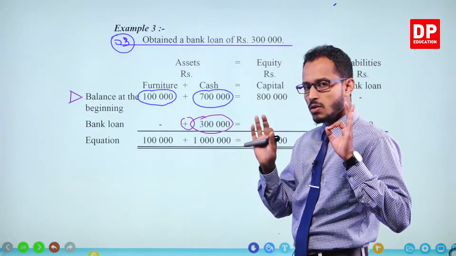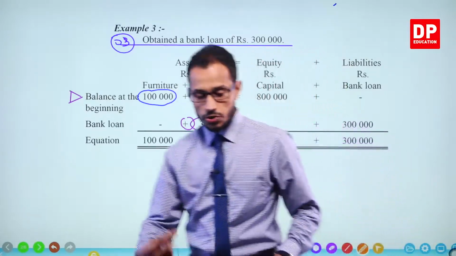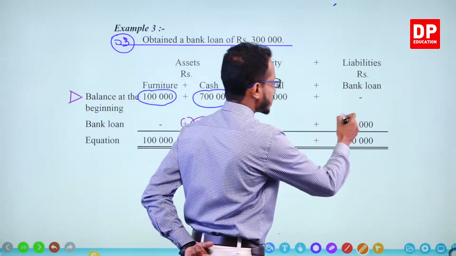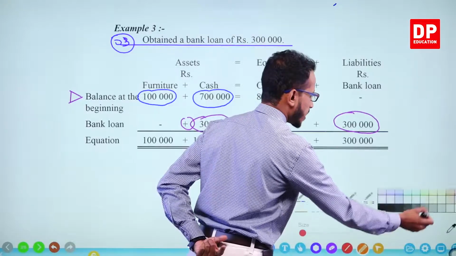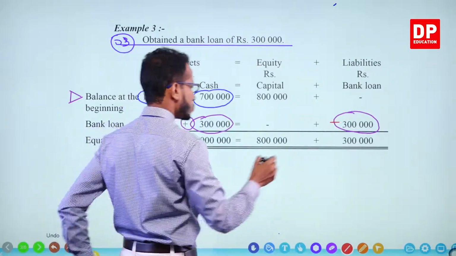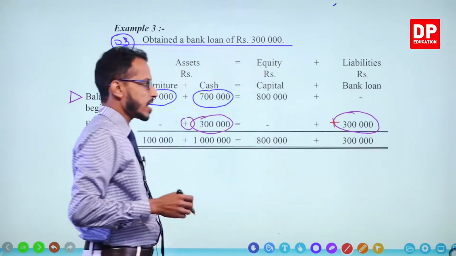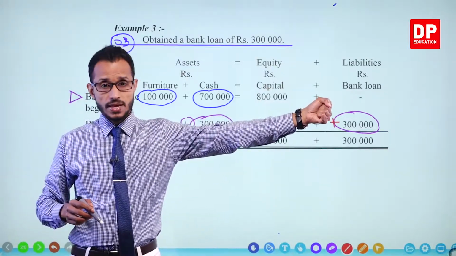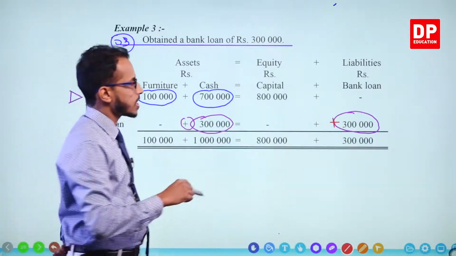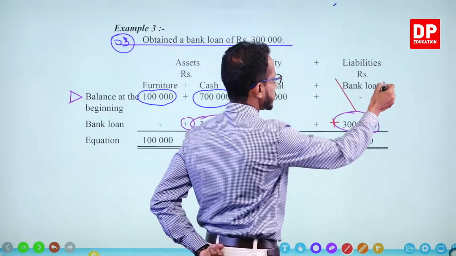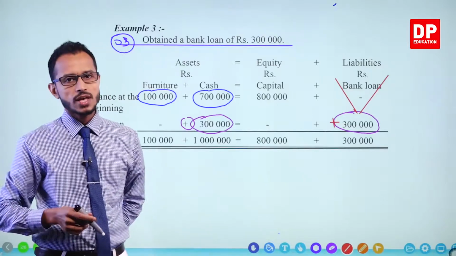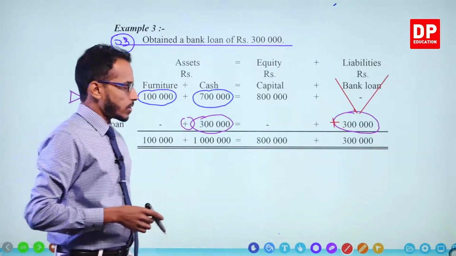But what you should notice here is this. Not only assets increase by 300,000, as well as assets, liabilities too increase, because this 300,000 was borrowed from the bank. It's a loan, and loans are liabilities. Bank loans are liabilities. All right.